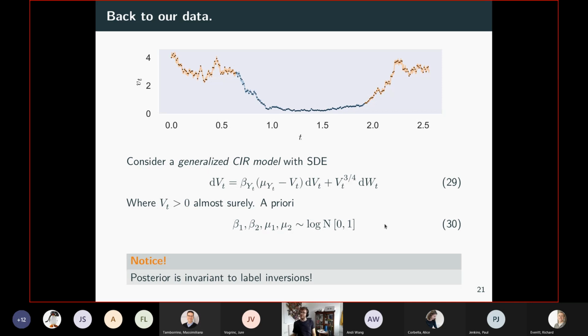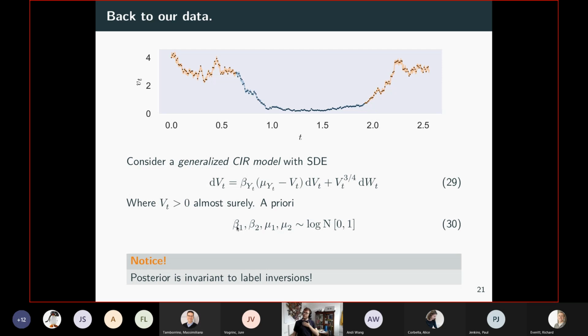That's something that you see, for example, in mixture models or ordinary hidden Markov models. That is, if we change all the labels of the regime process that are 1 to 0 and vice versa, and you invert the parameter vector, where the parameters that were corresponding to state 0 are now for state 1, then you get the same posterior density.